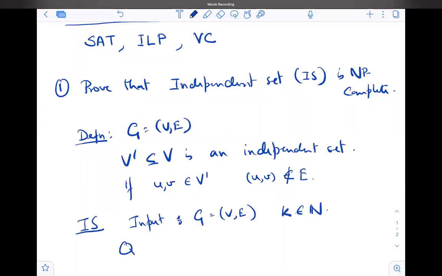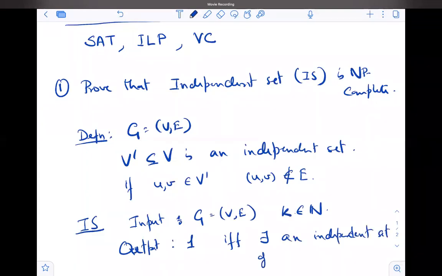The output is 1 if and only if there exists an independent set of G of size, where size is the number of vertices, greater than or equal to K.